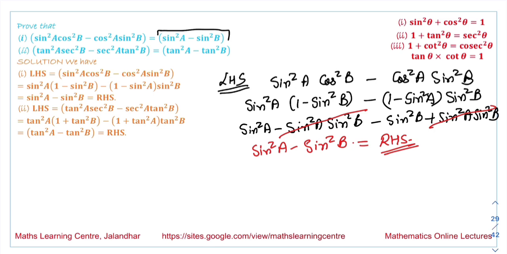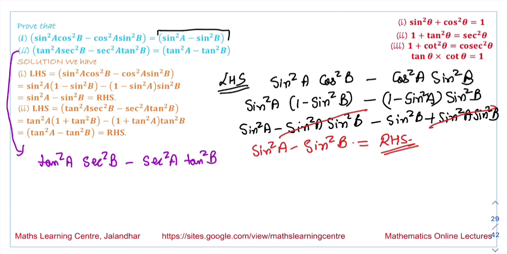Now next, in the second part, we have tan square A into secant square B minus secant square A into tan square B, and the answer we require is in terms of tan. So in place of secant square we are writing 1 plus tan square.